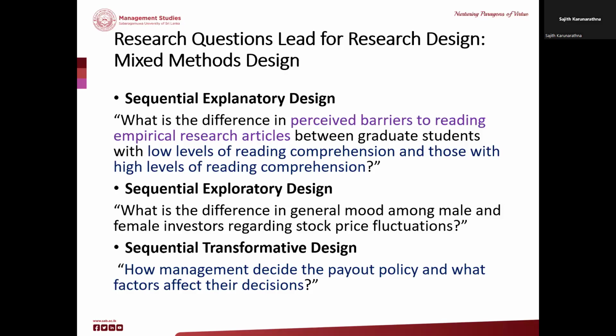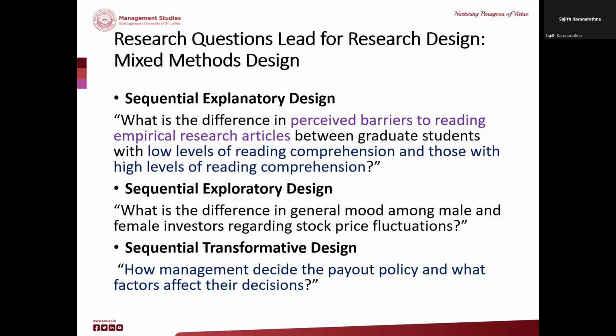So here the qualitative part comes first. Quali followed up by quanti. So the sequential exploratory design. When there are research questions or topics which require a kind of exploration first in order to develop an instrument at the first stage, the best design is the sequential exploratory design.